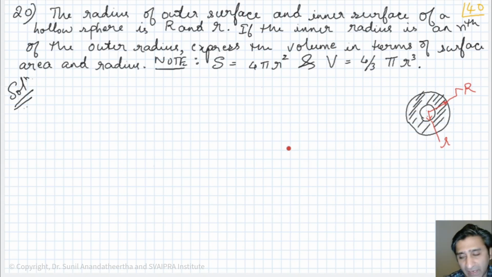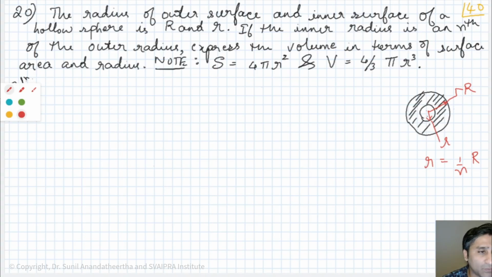Now what they have also provided is that the inner radius is an nth of the outer radius. So with this given, we are supposed to calculate, if the inner radius is an nth of the outer radius, express the volume.